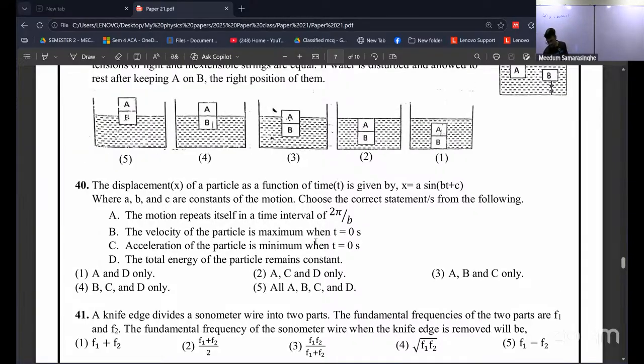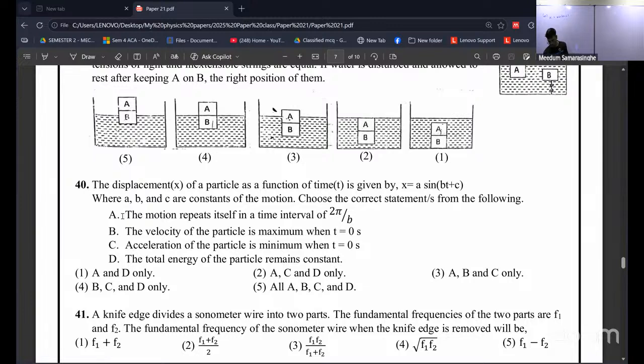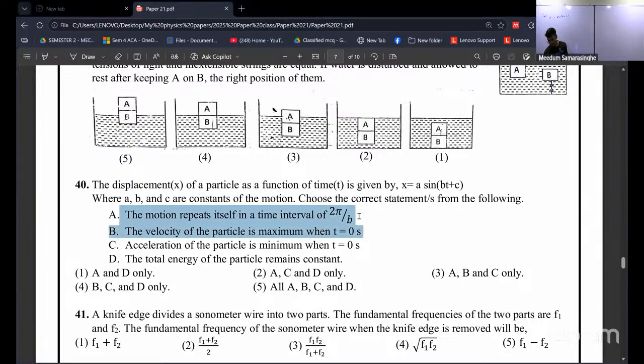Choose the correct statement from the following. The motion repeats itself in time intervals of 2 pi over b. That means we need to find whether the motion repeats in every periodic time, right?